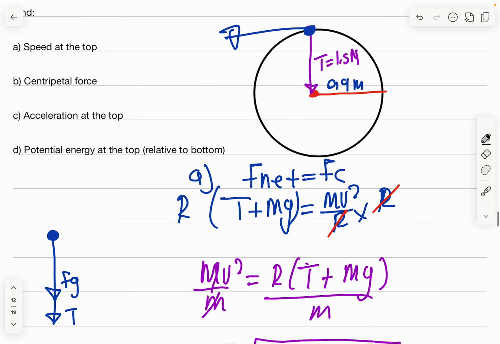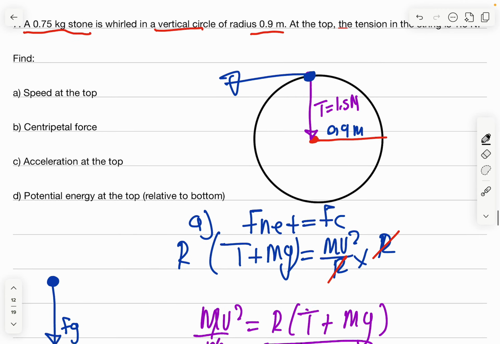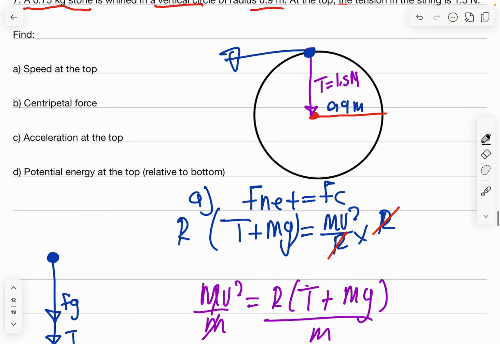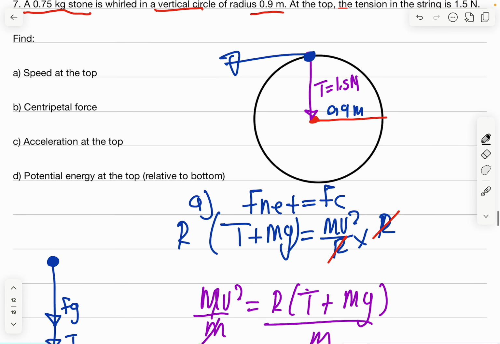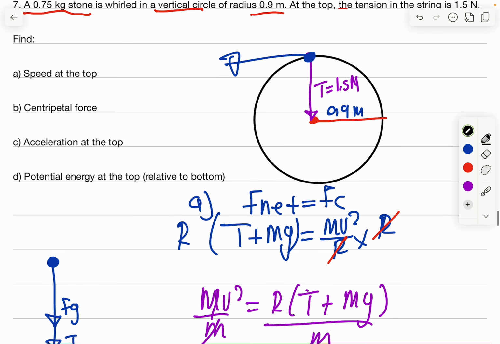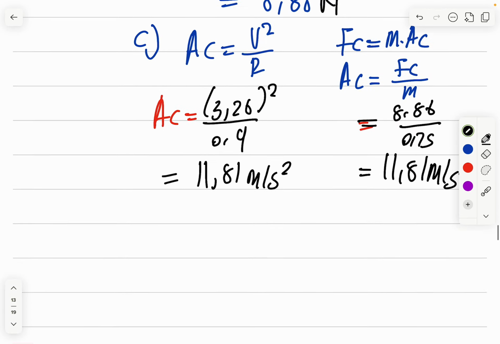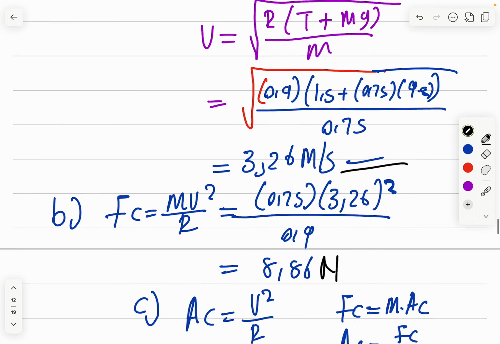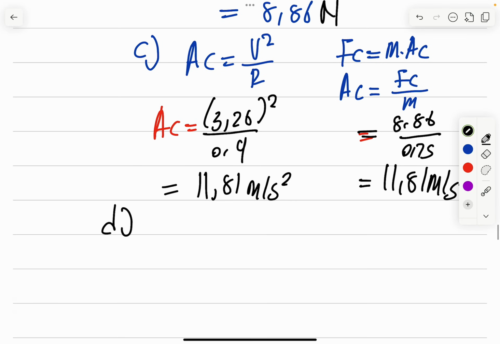Simple maths and science. Let's calculate the potential energy at the top relative to the bottom. Relative to the bottom means from here to here, so you take the radius and multiply it by 2. You find the potential energy, it's letter D. Potential energy equals mass times gravity times height. Your mass is 0.75.